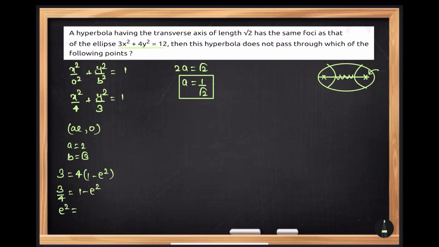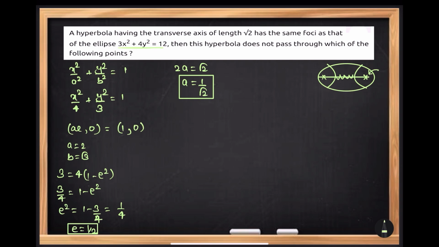So e square will become what? 1 minus 3 by 4. So 4 minus 3 by 4 will become 1 by 4. So 1 by 4, so the eccentricity will be 1 by 2. So this is the eccentricity of the ellipse. Therefore the foci will be, a is 2, e is 1 by 2, so it will become (1, 0).